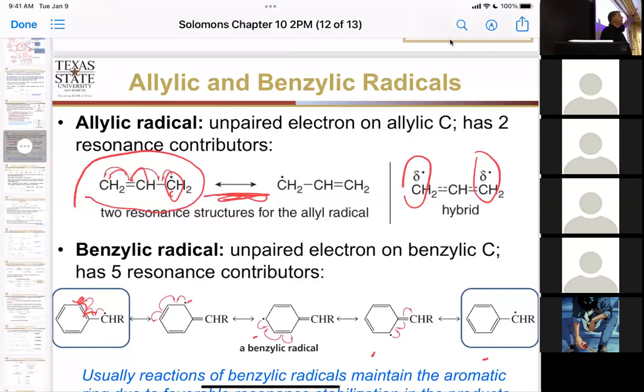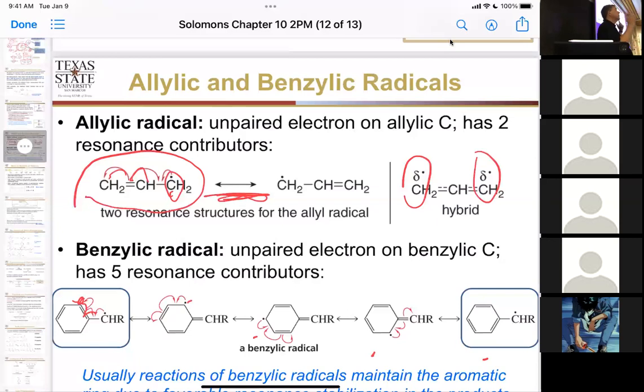There are three steps in every radical reaction. Initiation, usually brought on by a peroxide, but we have some other things we can do, or light or heat. And then there's propagation, where every time one of those radicals is generated, it generates another radical.